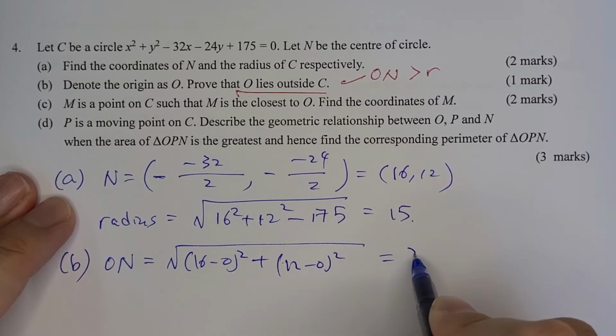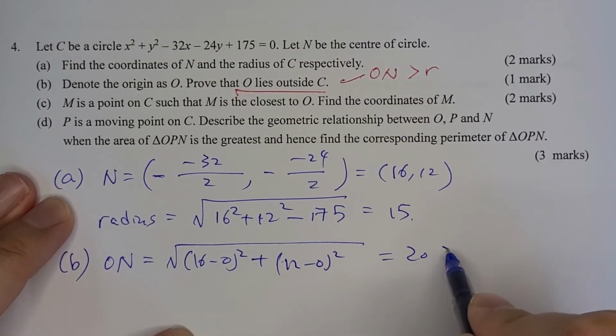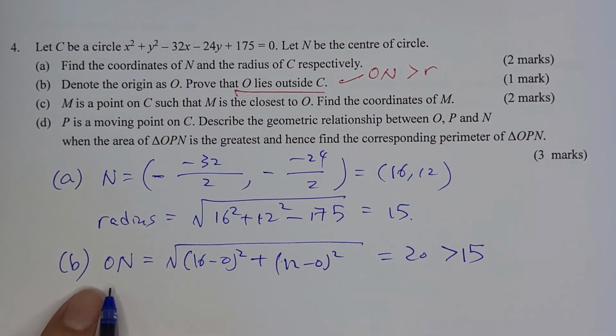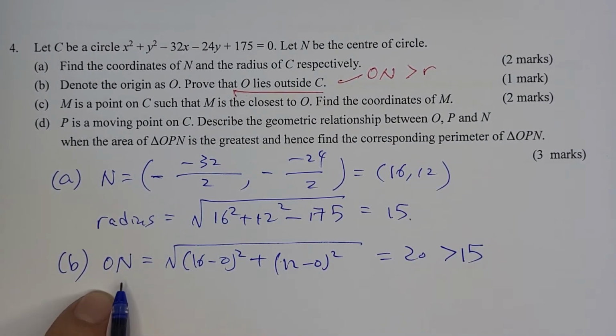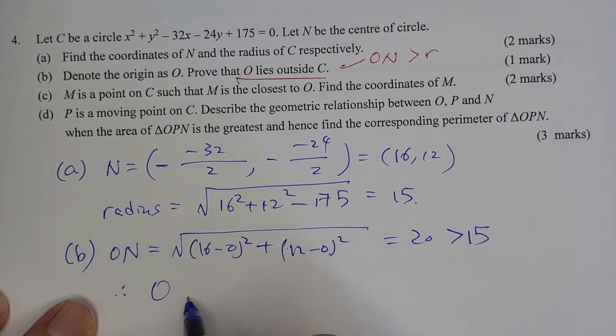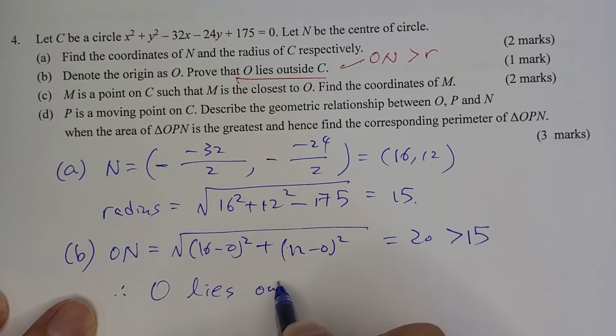That is 20. You need to write down greater than 15. You must write down this one. Because the distance between O and N equals 20, which is greater than the radius, therefore the point O lies outside the circle C.